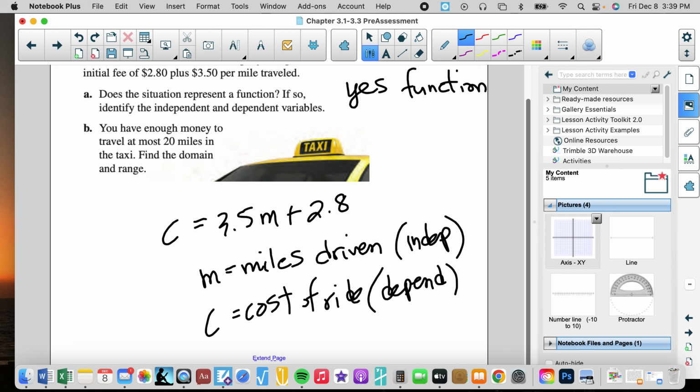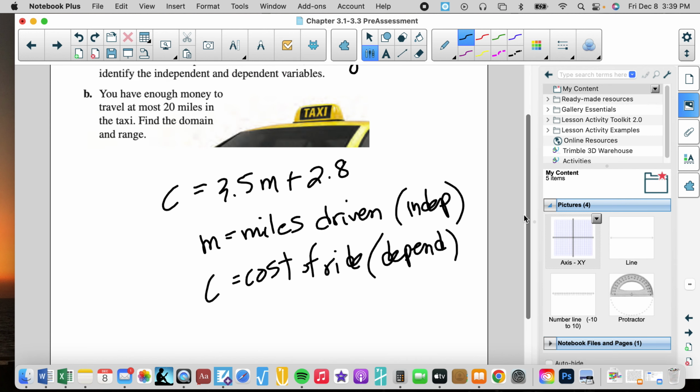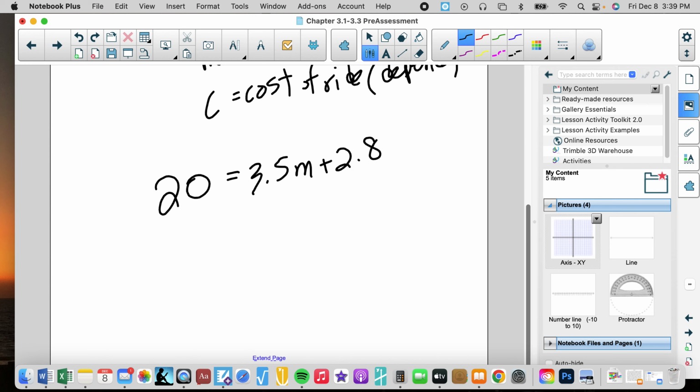If so, identify the independent and dependent variables. We did that. You have enough money to travel at most 20 miles in the taxi. Find the domain and range. Okay, so it's going to cost me, that's my C, cost, or I can flip it and say, well, I only have $20. So 3.5 m plus 2.8, and we can solve for that.